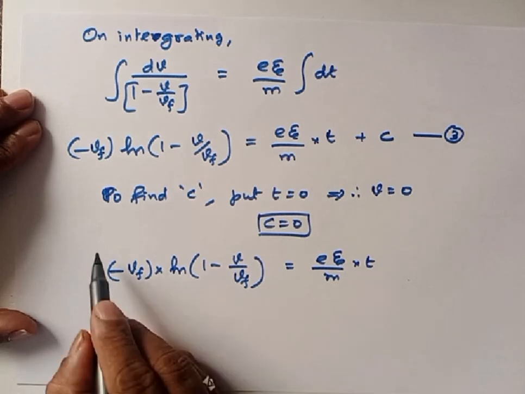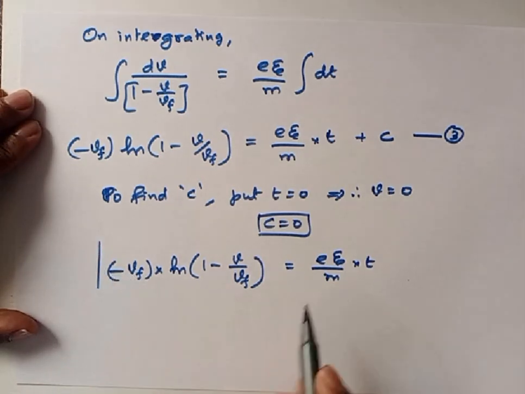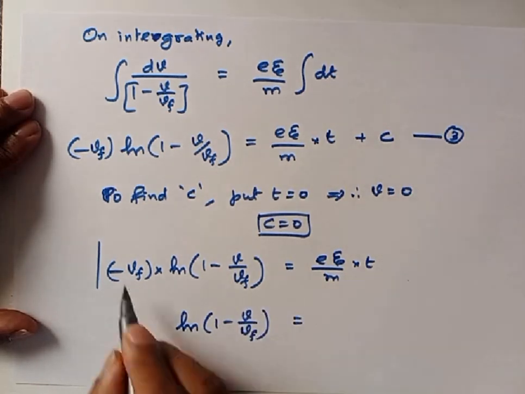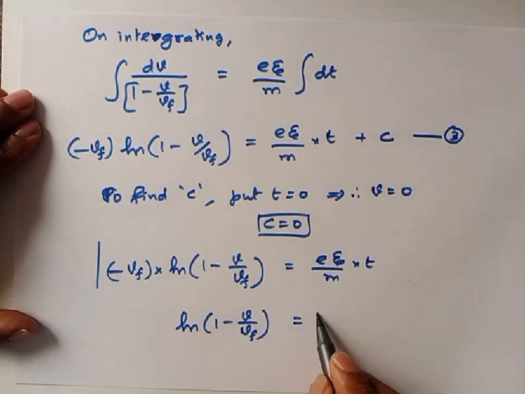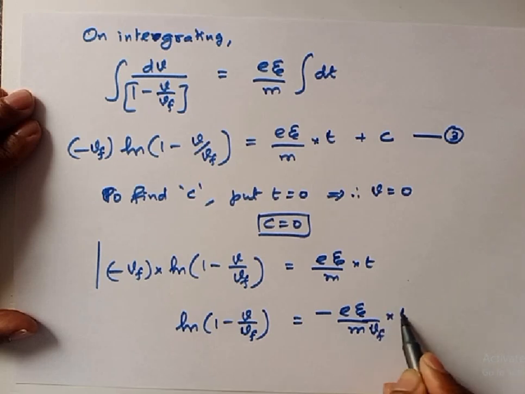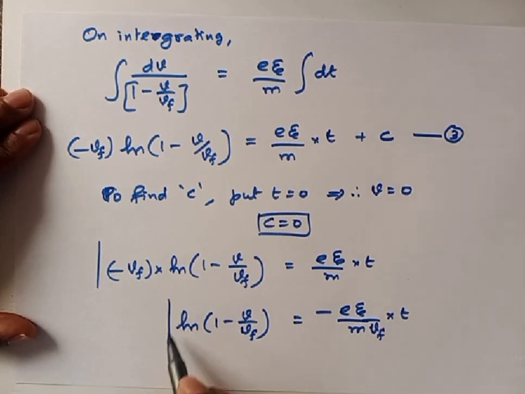I'll bring this minus Vf to this side. So we can write ln of 1 minus V by Vf equal to minus E into epsilon by m into Vf into t. I'll take this as equation number 3.